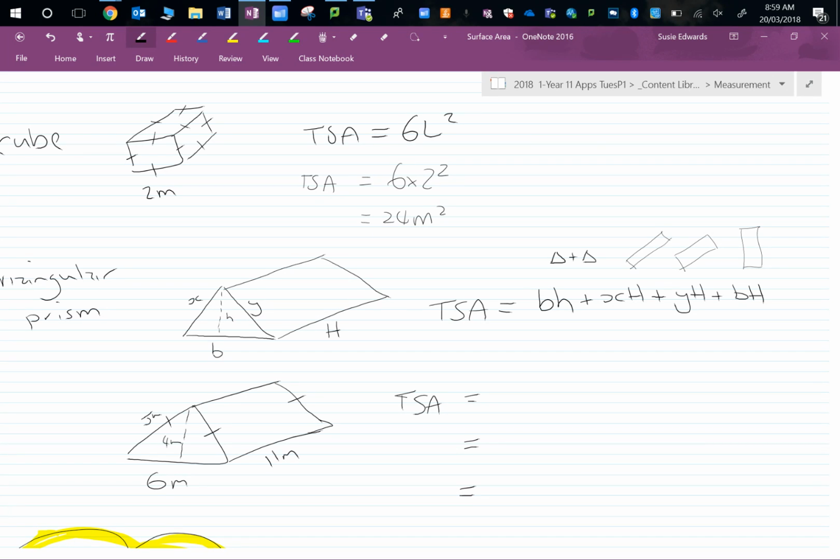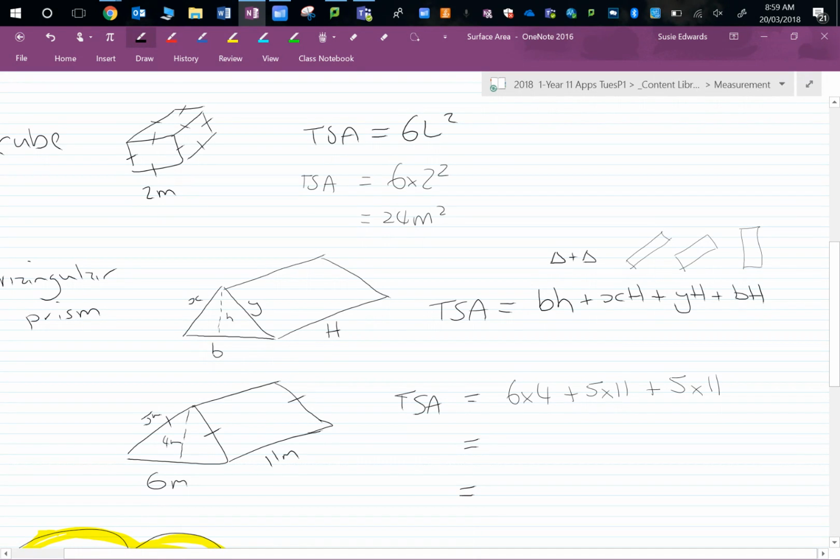Any questions? All right, so for this one with the picture, base times height, which one's base and which one's height? 6 times 4 plus 5 times 11 plus 5 times 11, or you could have done 2 lots of 5 times 11.